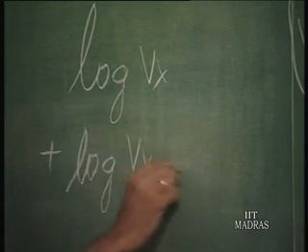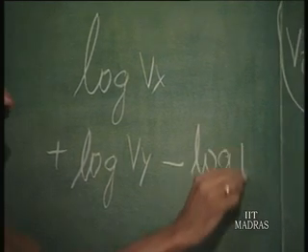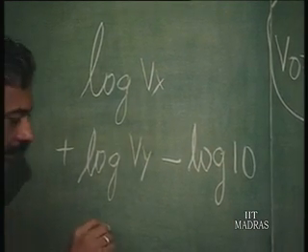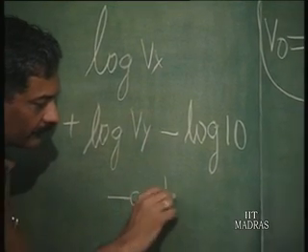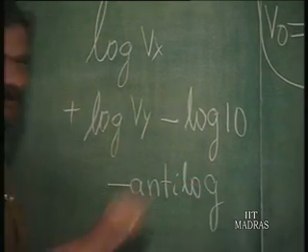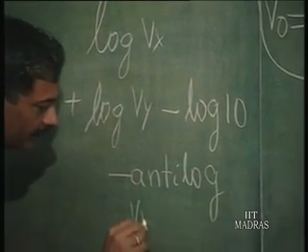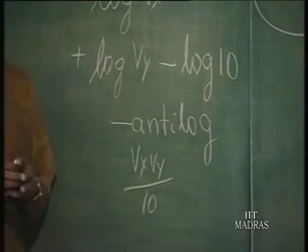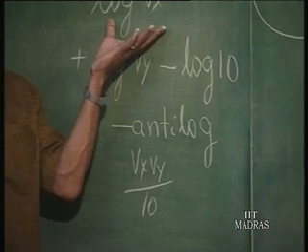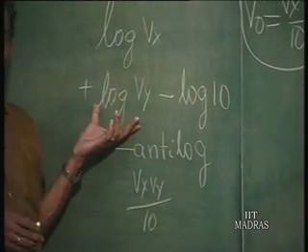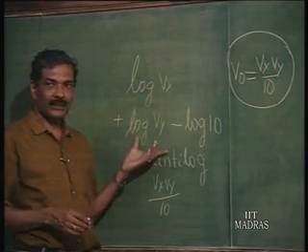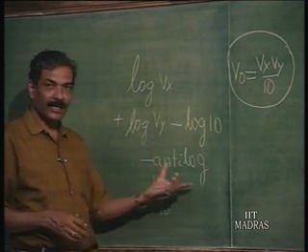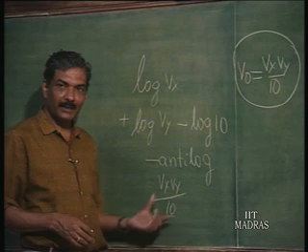So, add this and subtract log of 10, and then take anti-log. I should therefore get Vx Vy by 10. This is as simple as that.